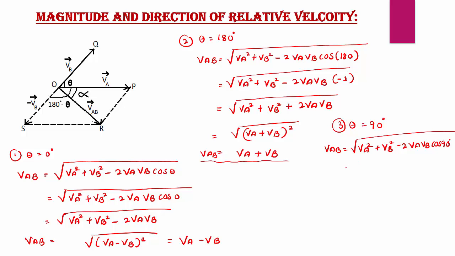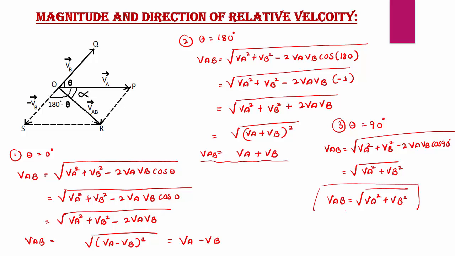Now tell me, what is the value of cos 90? Cos 90 is 0. Remaining is what? VA square plus VB square, because 0 into anything will be 0. Square root of VA square plus VB square. So VAB equals square root of VA square plus VB square.